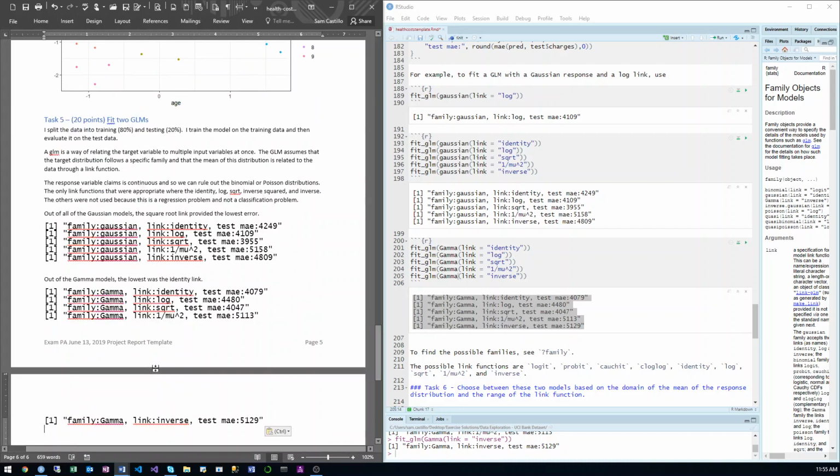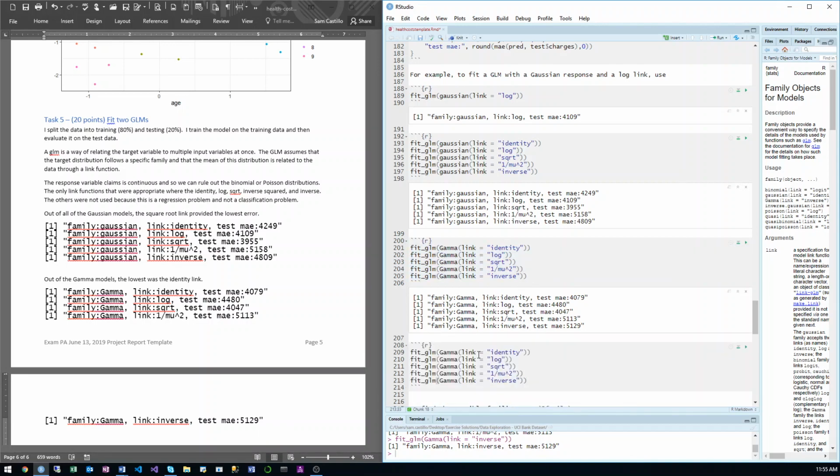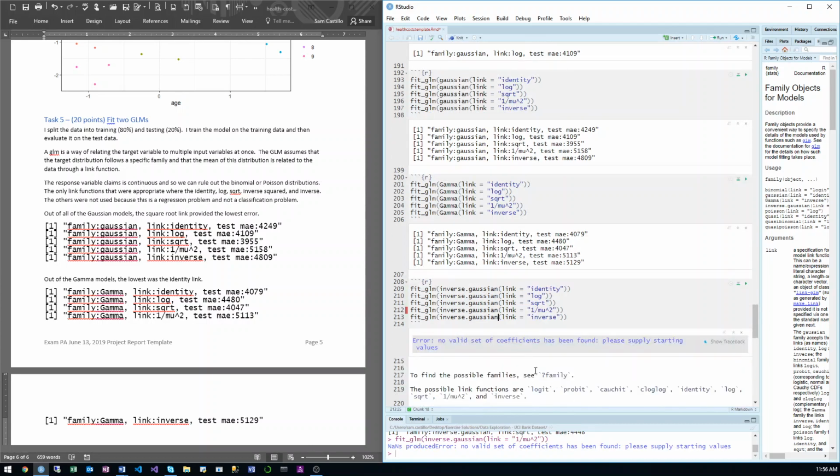Now, what others do we have? We also have the inverse Gaussian. And it gets an error when trying to use the inverse squared.